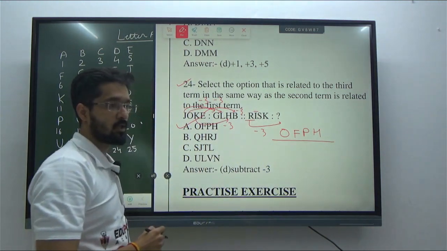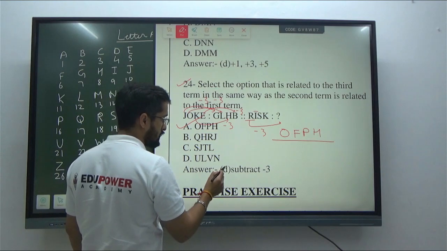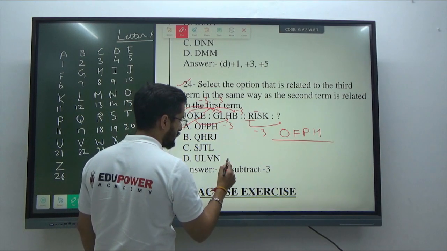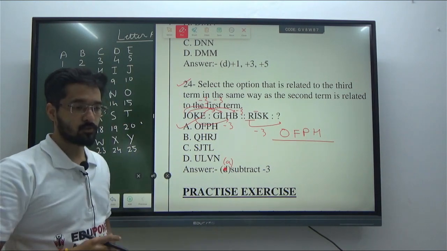The first option is the correct answer, OFPH. This is given wrong; the answer should be A, subtract 3.